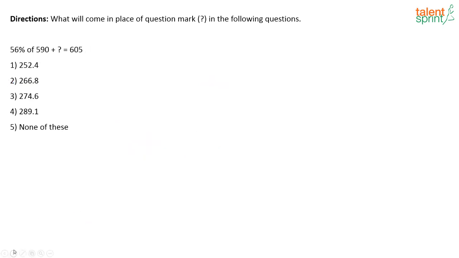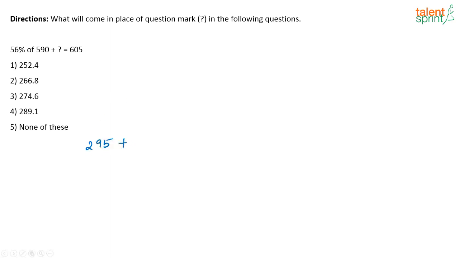Next, 56% of 590 plus question mark is equal to 605. See, what is 50% of 590? 50% of 590 is nothing but 590 divided by 2, which is equal to 295. Correct.